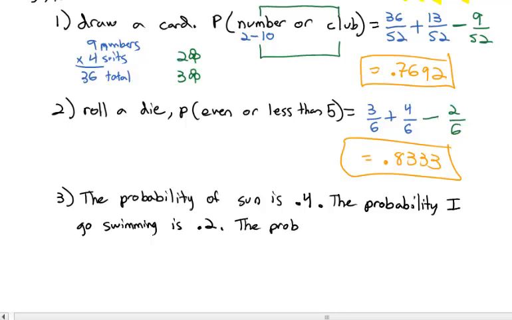And the probability it is sunny and I go swimming is 0.1.